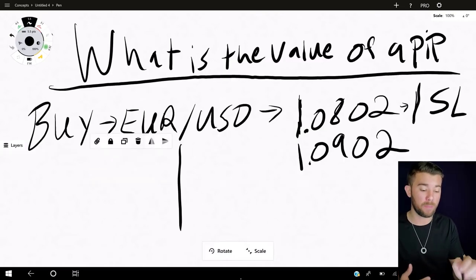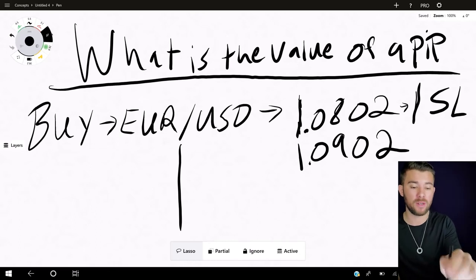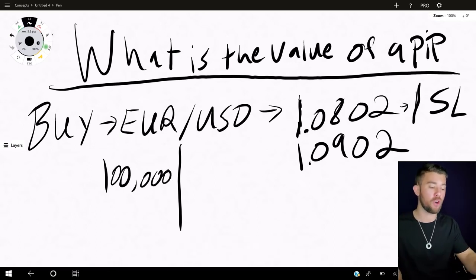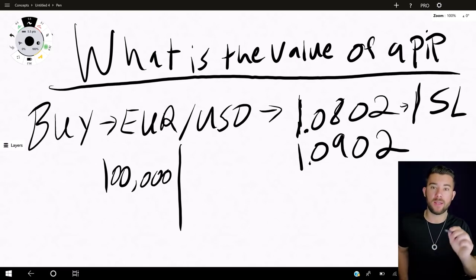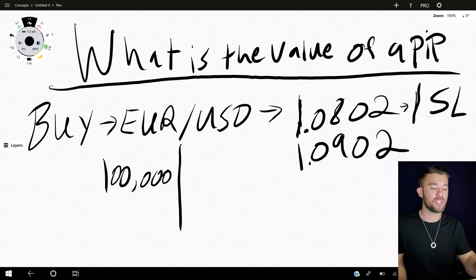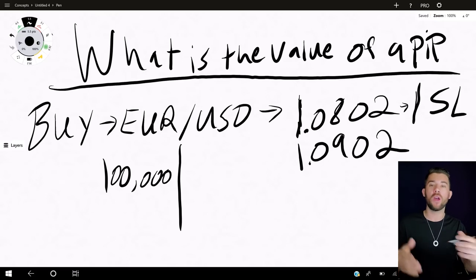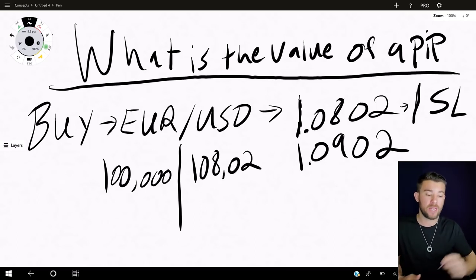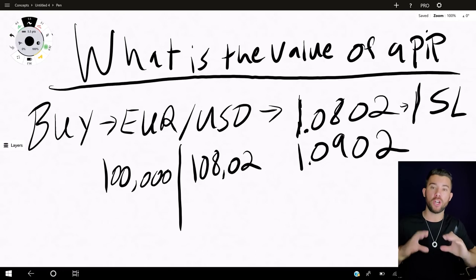So if you're going to purchase 100,000 euros, your brokerage is going to charge you the exchange rate that the market currently has, which is 1.0802. 100,000 times 1.0802 would be $108,020. So that's what you're being charged to get 100,000 euros.